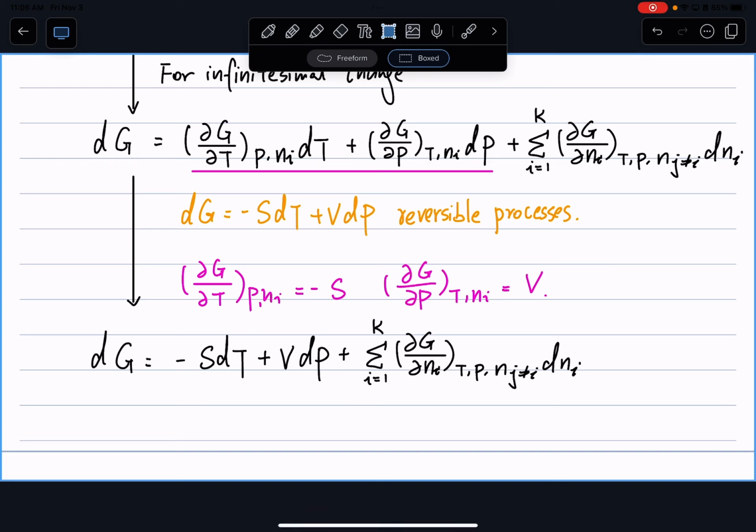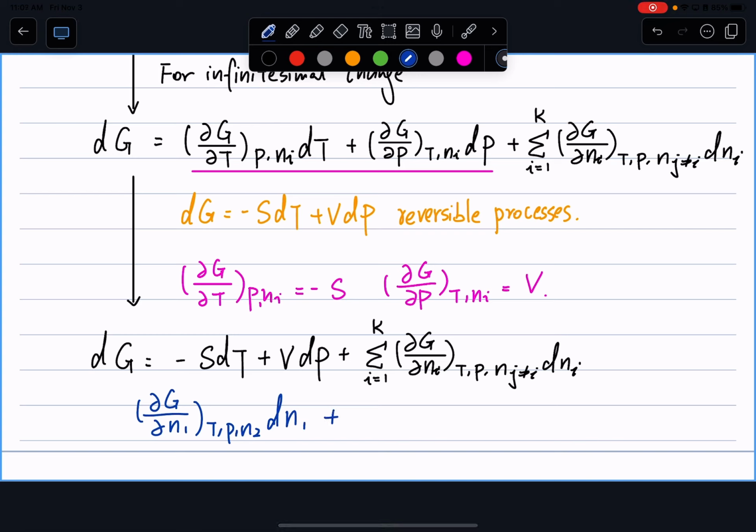And that summation term looks horrible, but if you think about only a two-component system, where reactant A goes to product B, this term is effectively saying we have the partial derivative of G over dN1, where T, P, and N2 are kept the same, plus the partial derivative of G over dN2, where T, P, and N1 are kept the same, for two components.